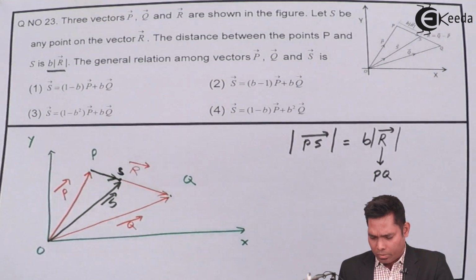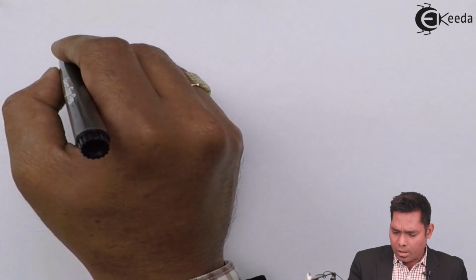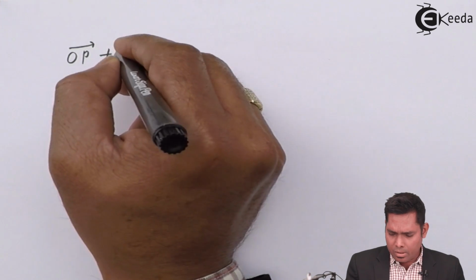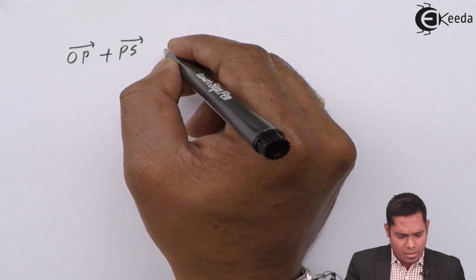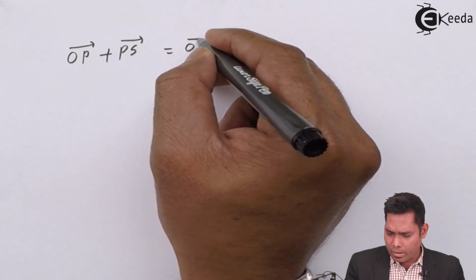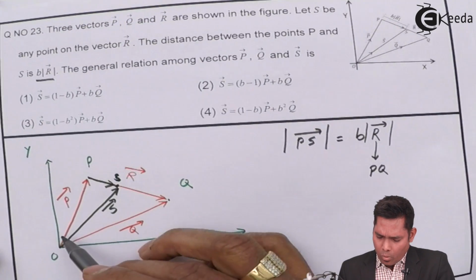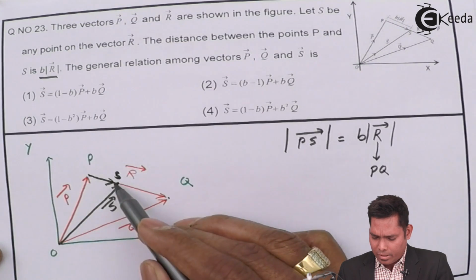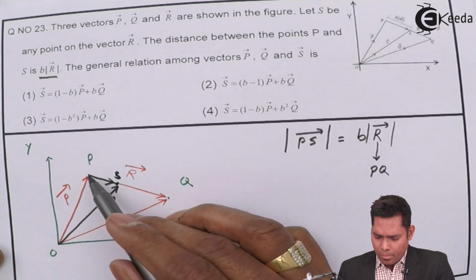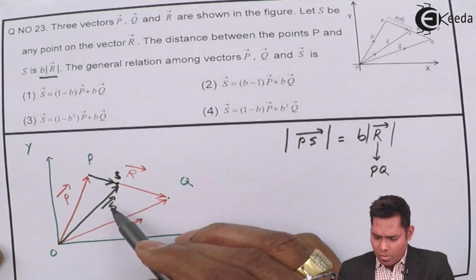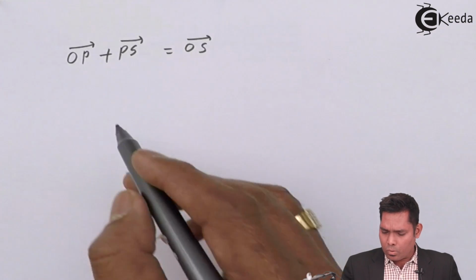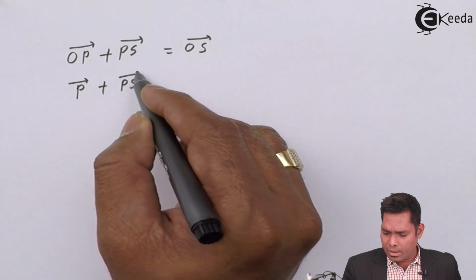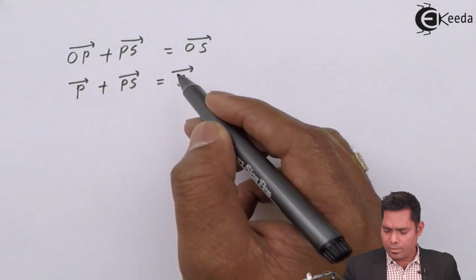So I have one equation that I'm going to write: OP vector plus PS vector is OS vector. OP vector is P, the PS vector I will write just now, and this is the S vector.